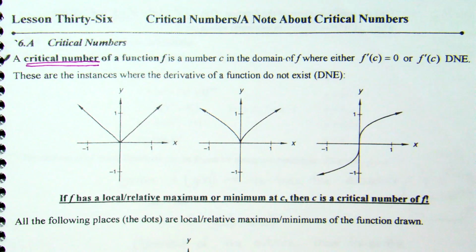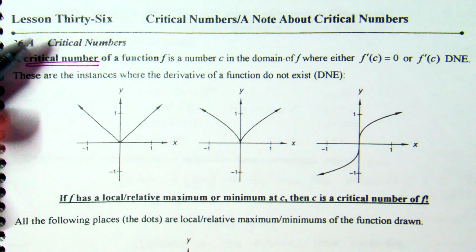When this happens, again, these are points that we always want to investigate in various problems that you'll see coming up in the future. So right here, these are instances where the derivative of a function does not exist. So, you guys recognize this first graph, yes? What graph is this? Yeah, this is absolute value of x.